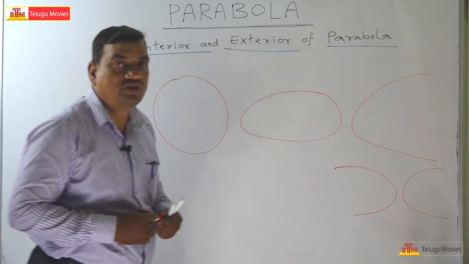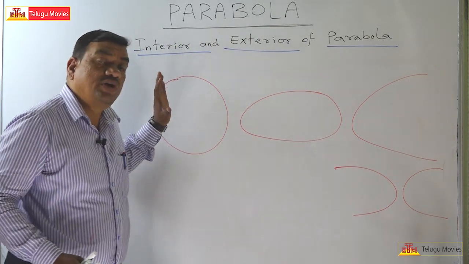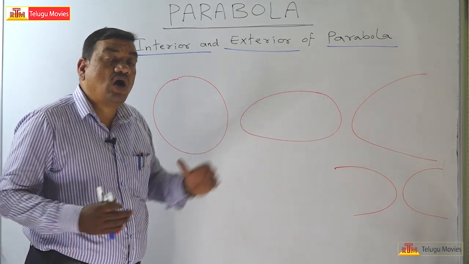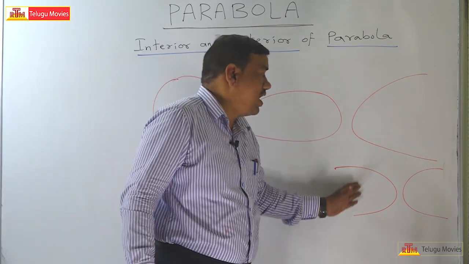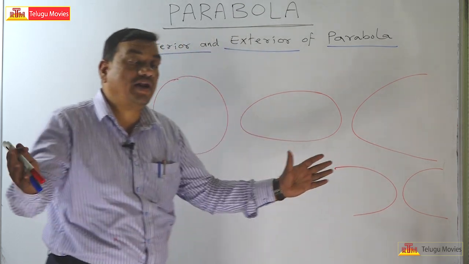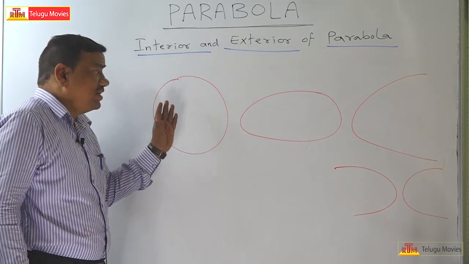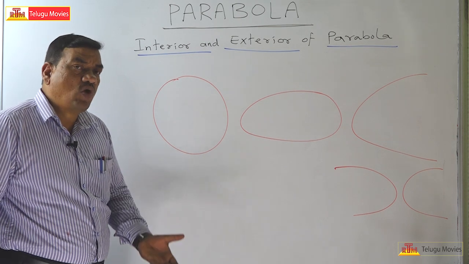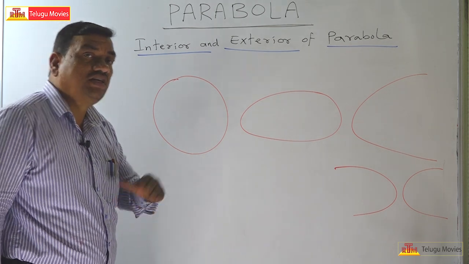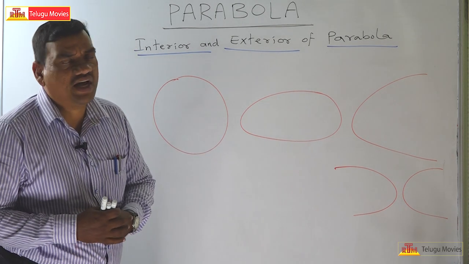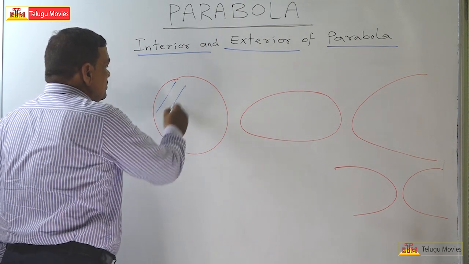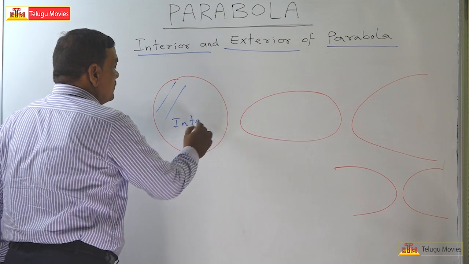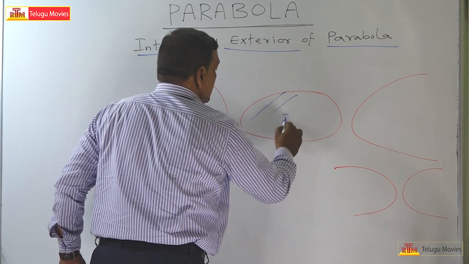I will explain these two concepts afterwards. So the circle and ellipse are simple closed curves, whereas a parabola and a hyperbola are open curves. For a closed curve, even a small child can tell what is interior and what is exterior. Anybody can say. This part is called the interior. Here also this part is the interior.